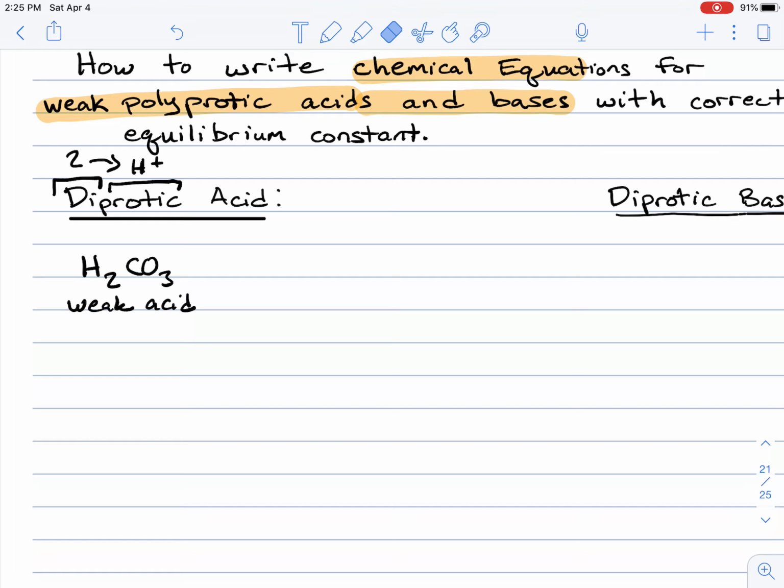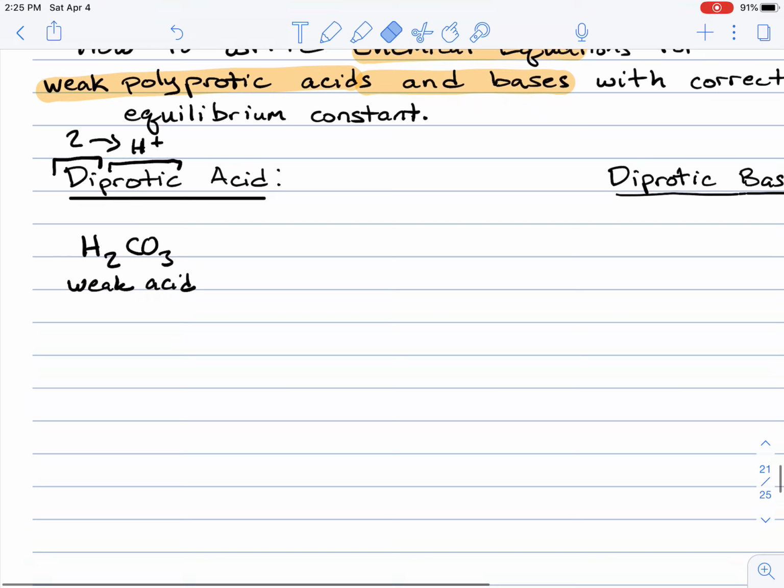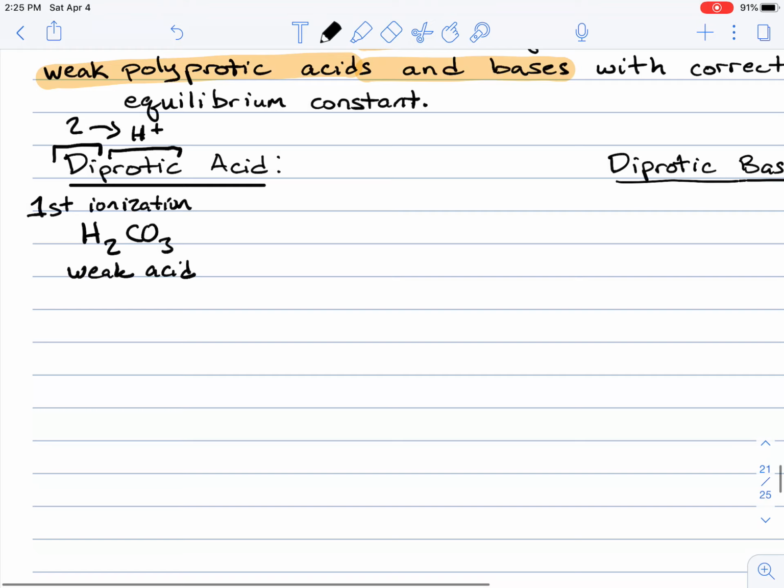So we are going to write the chemical equation for the first ionization step, and then look at what the equation looks like for the second ionization step.